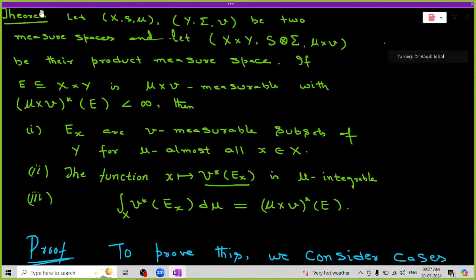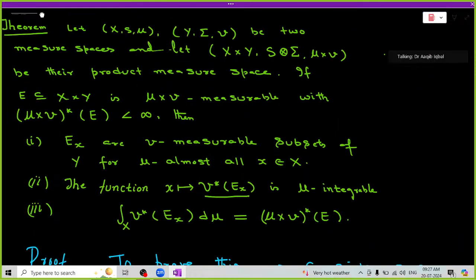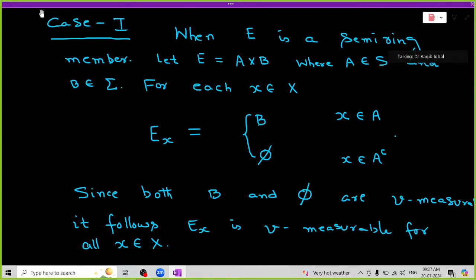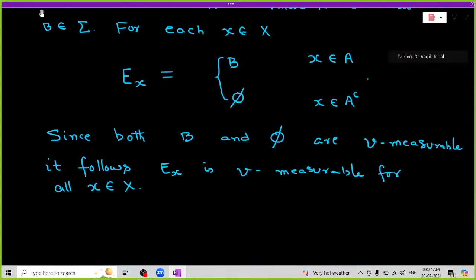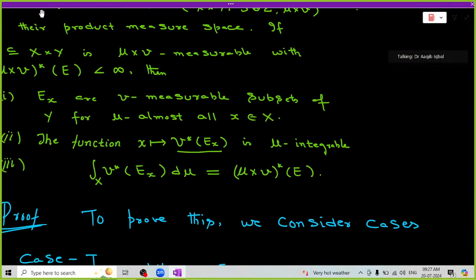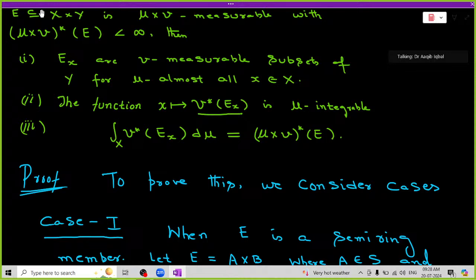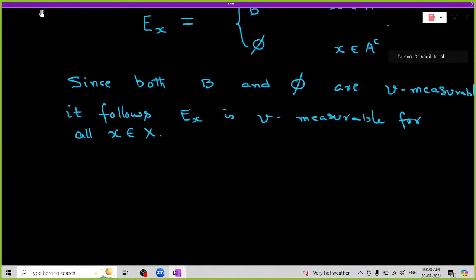So we have proved this in this case. The first part holds in this case. Now we'll turn our attention to the function which takes x to nu star of E sub x. I will show you that this is an integrable function.